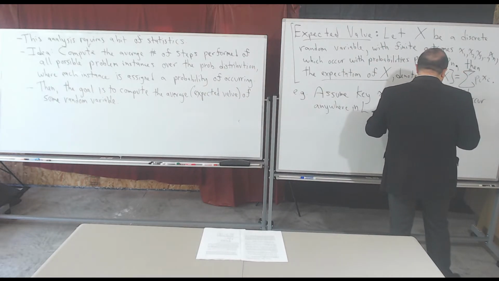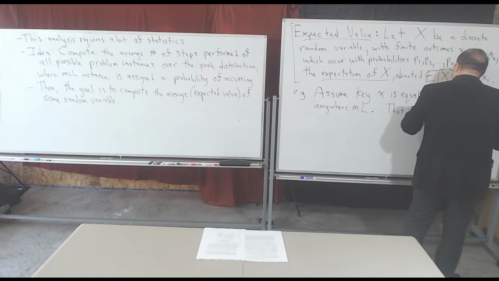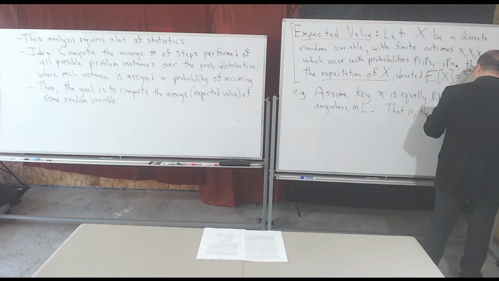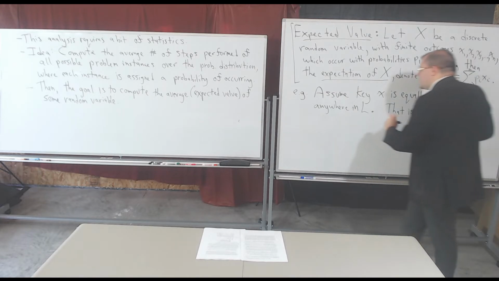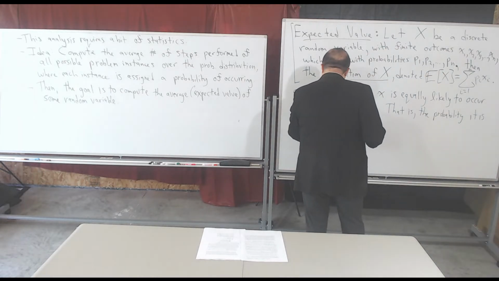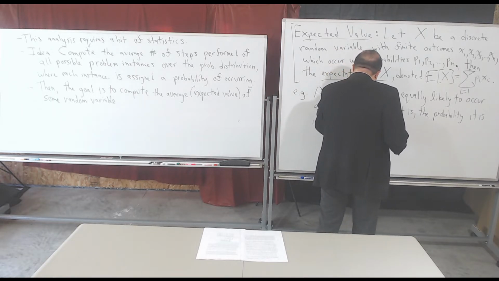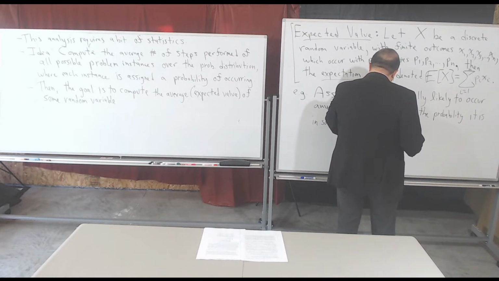So what's the probability then that x is in some position i, let's be clear?